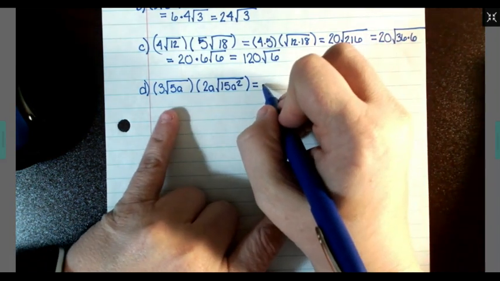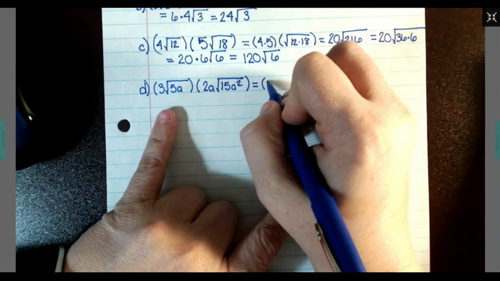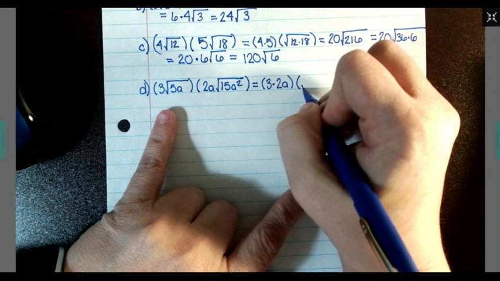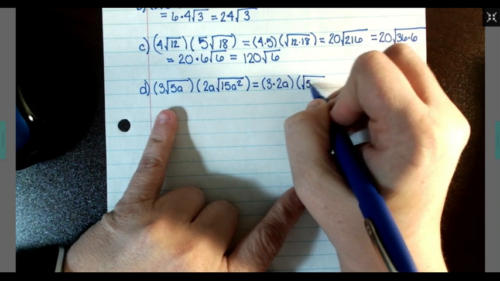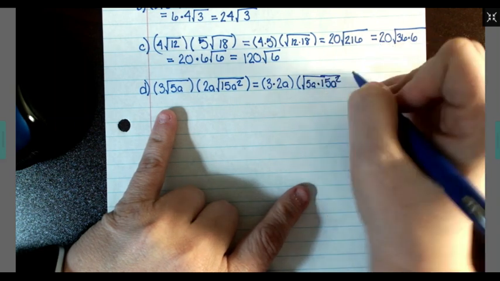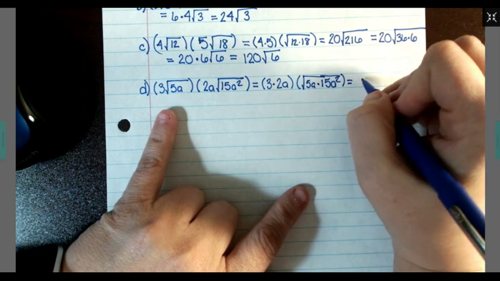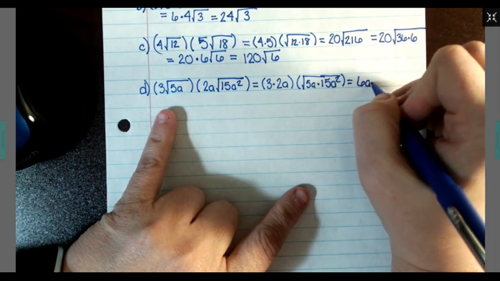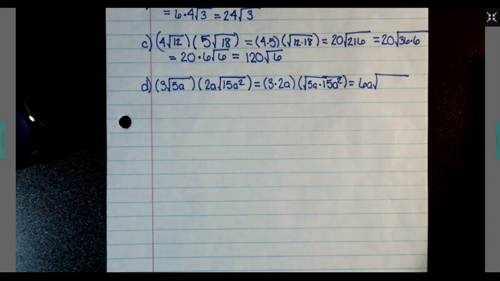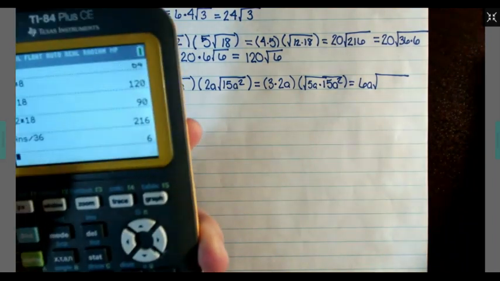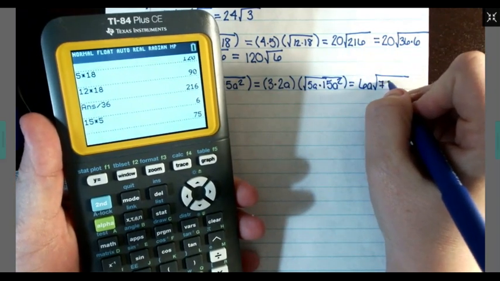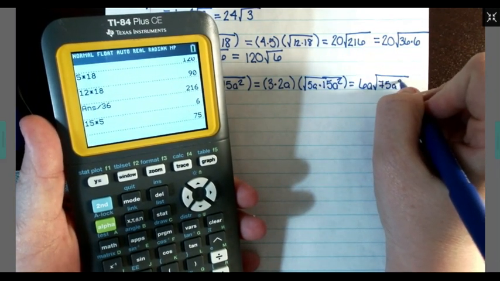All right, here we go. On the outside, we got 3 times 2a. Underneath my radical, I got 5a times 15a squared. That's going to be 6a square root 15 times 5, 75. So we got 75a cubed.